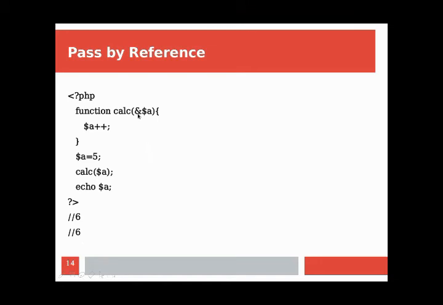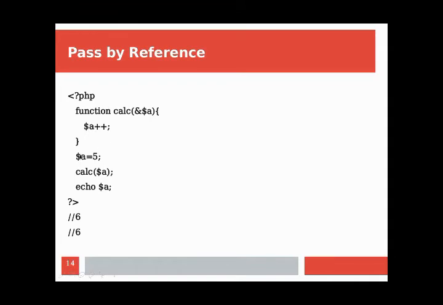Again we will see another example. Here function cal in our PHP tag, and &$a. Remember that previously we used $a as the argument, but here it is &$a, that means pass by reference. Left curly bracket, in that we write $a plus plus, and right curly bracket means end. Here $a equal to 5, that means 5 is assigned to the variable.